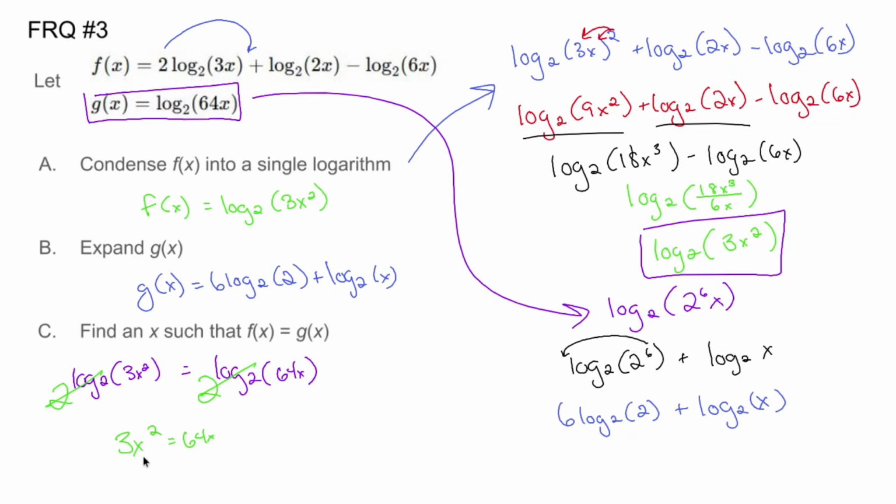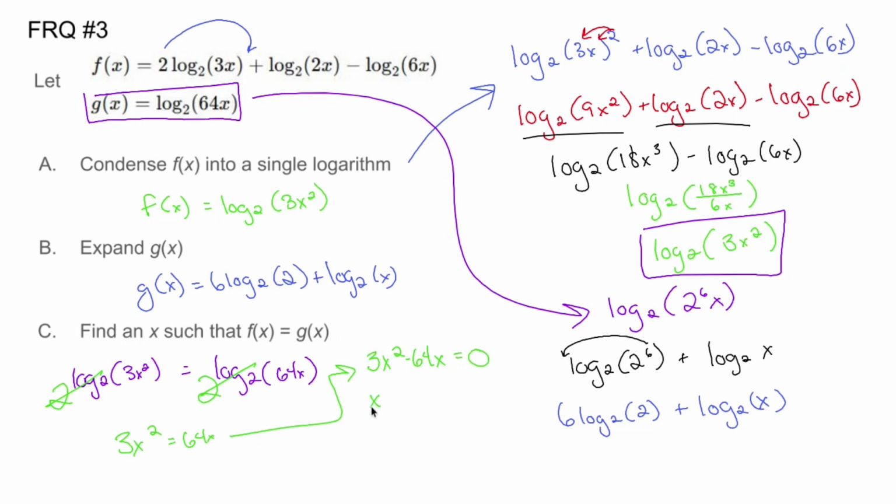Now what I want to do is subtract 64x from both sides. So let's go up here and show those steps. We've got 3x squared minus 64x equals 0.